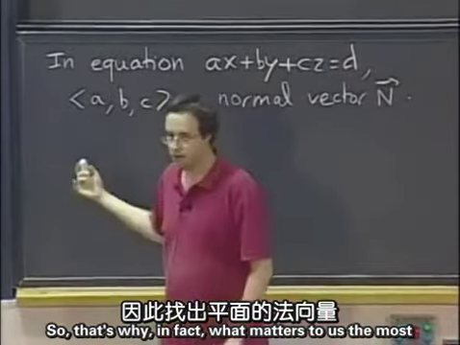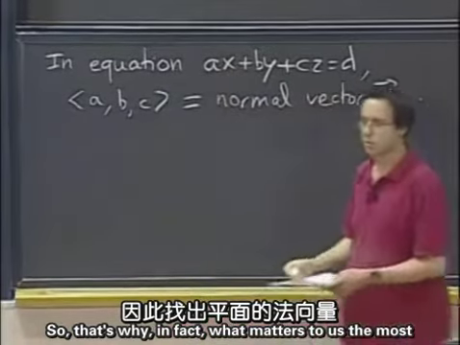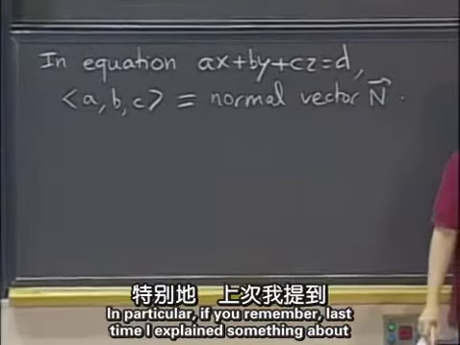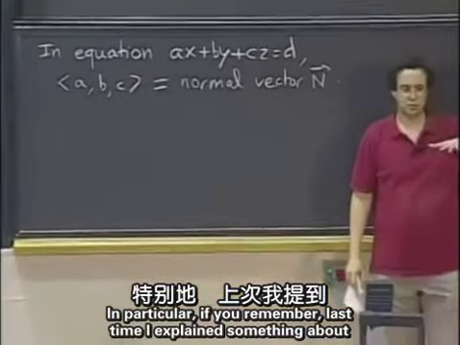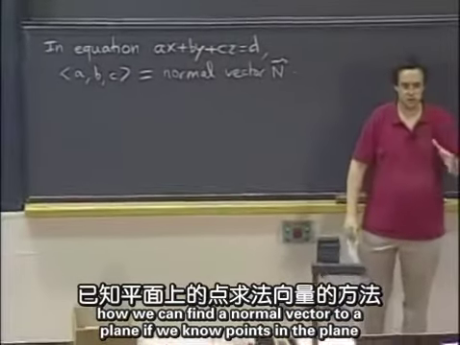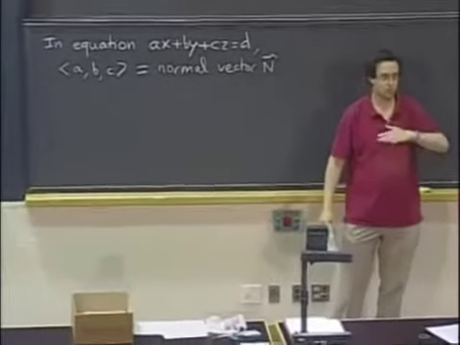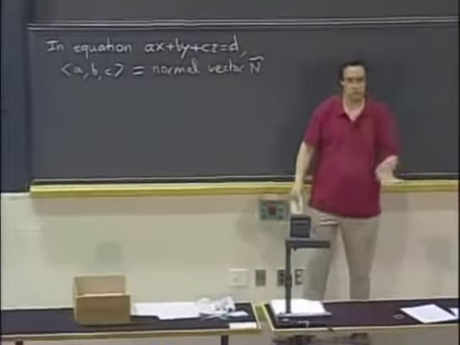So that's why, in fact, what matters to us mostly is finding the normal vector. And in particular, if you remember last time, I explained how we can find a normal vector to the plane if we know points in the plane. Namely, we can take the cross product of two vectors contained in the plane.